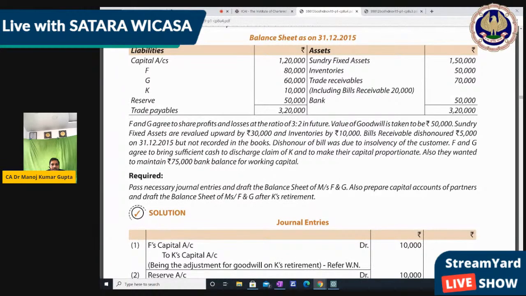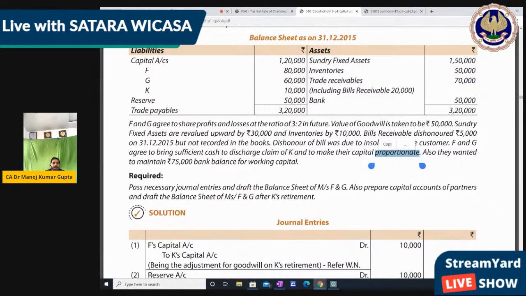Next, dishonor of bill due to insolvency. Okay, F and G agree to bring sufficient cash to discharge the claim of K and to make their capitals proportionate. Underline capital proportionate. That means they want their capitals proportionate after the retirement of K, and also this time K will be paid off in full.